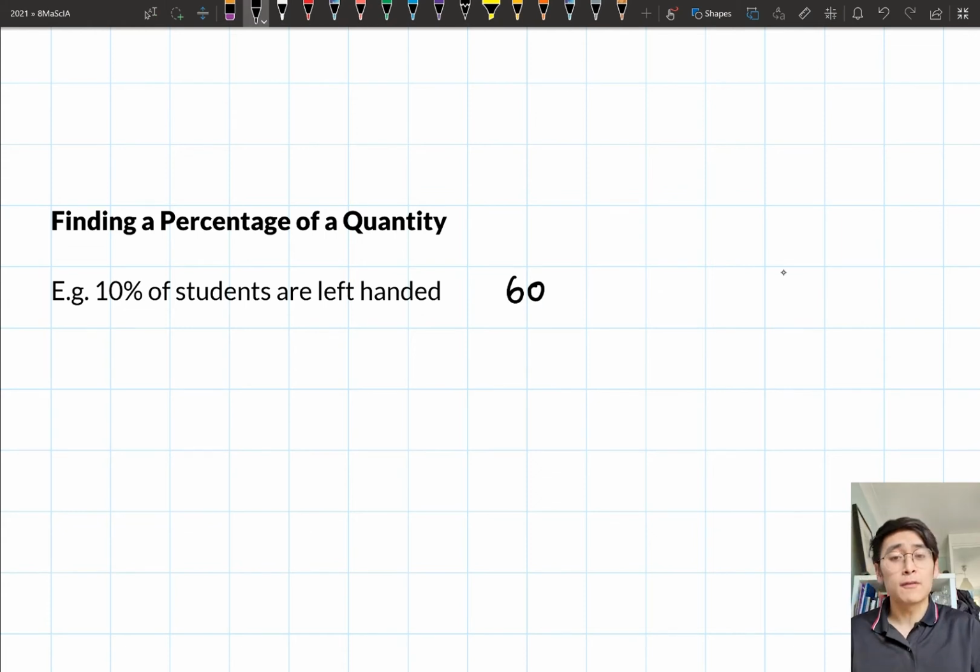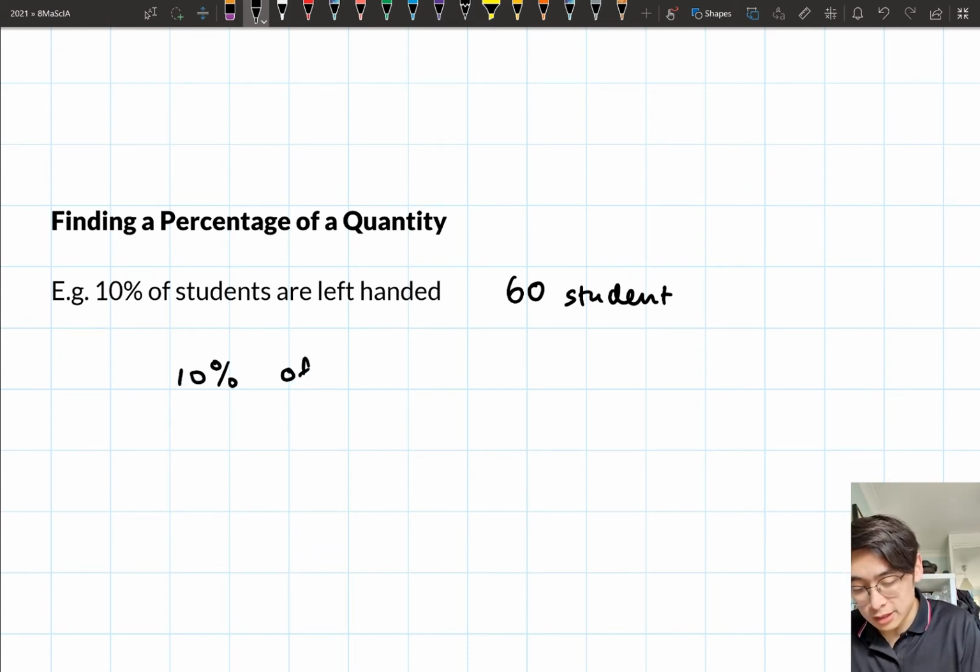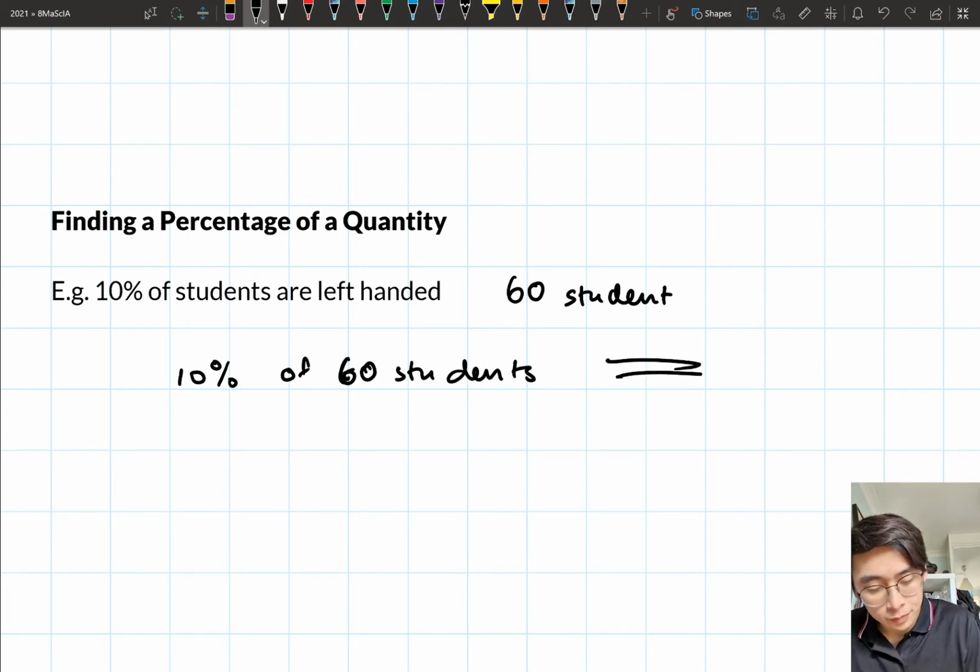So if the statistics say that 10% of students are left-handed approximately, how many should we expect in our maths and science in action class? Well, if I want to find 10% of 60 students, that actually just gives me 6 students who are left-handed.